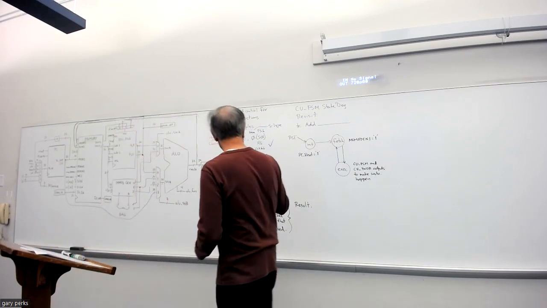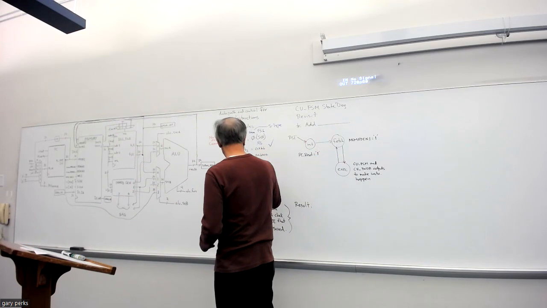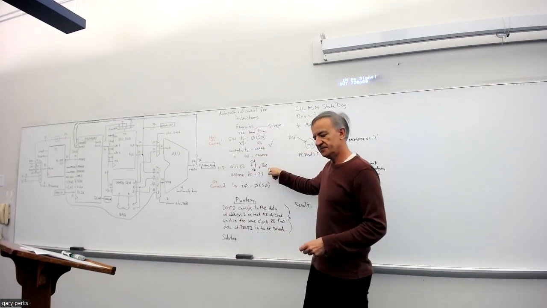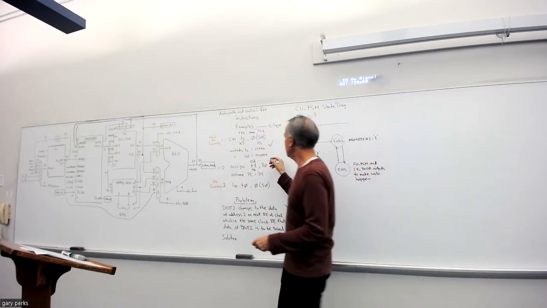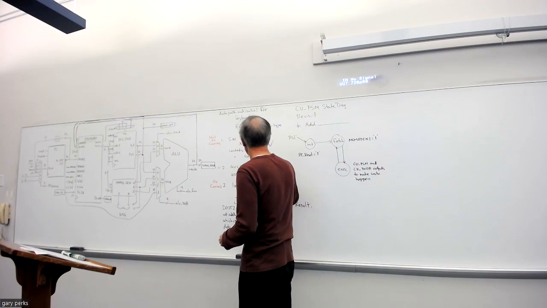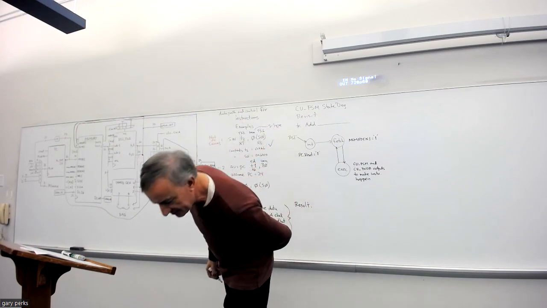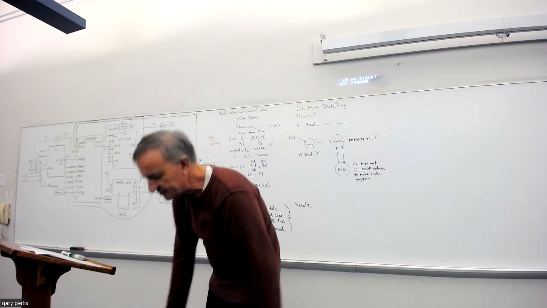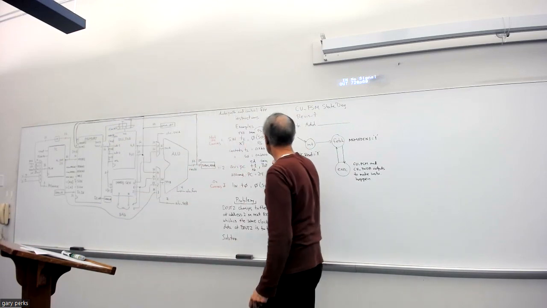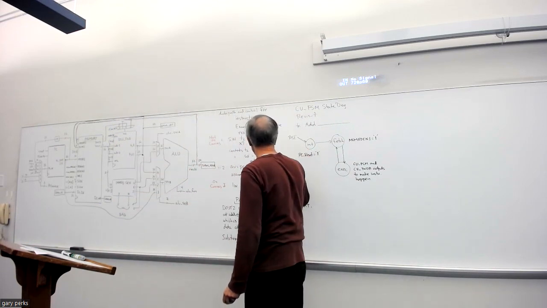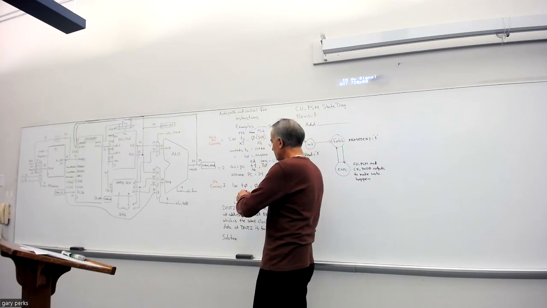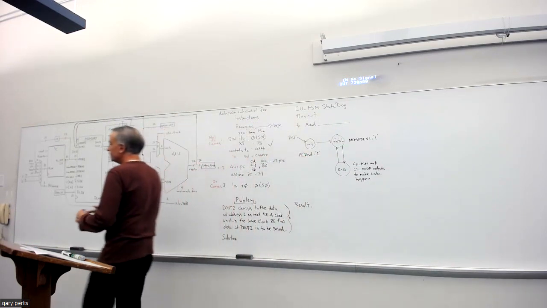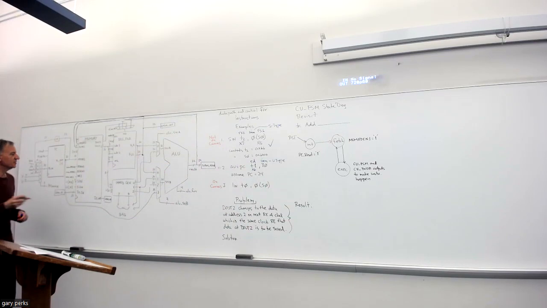X6. Okay, what's 80? Immediate. And then what type of immediate is this? It's a U type. Okay, so now we're ready to go ahead and do our data path and control signals.